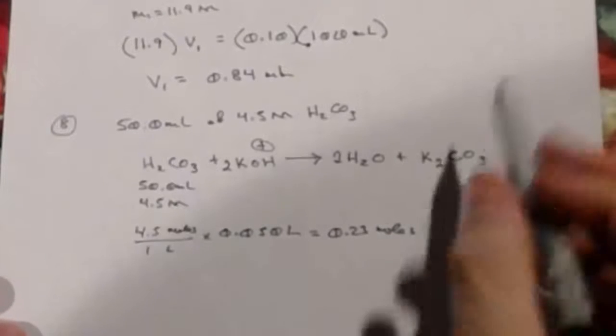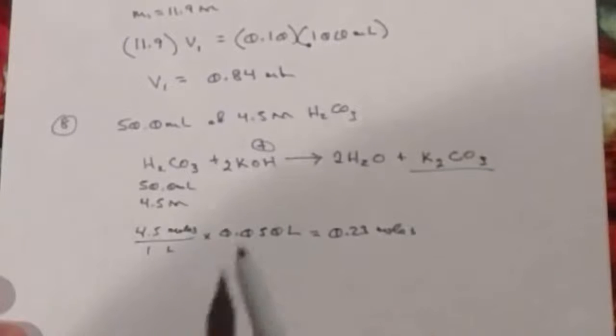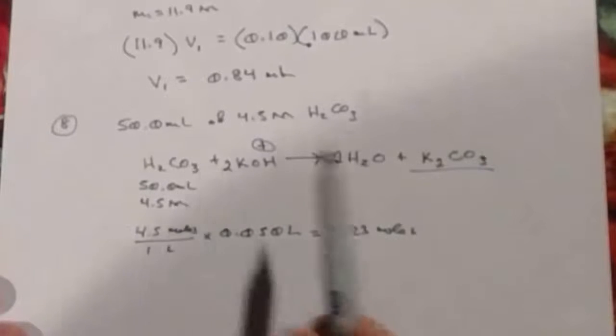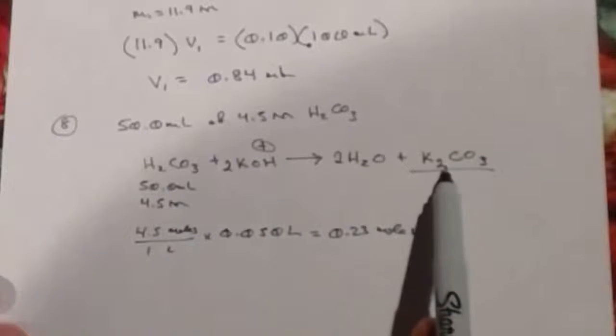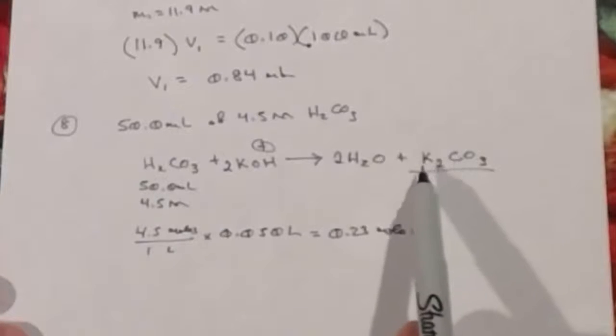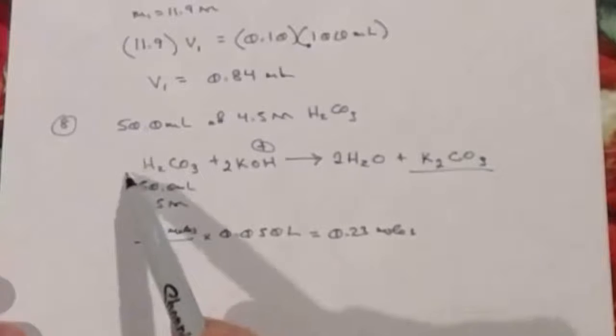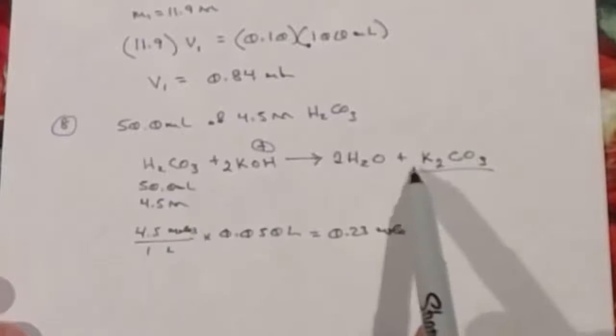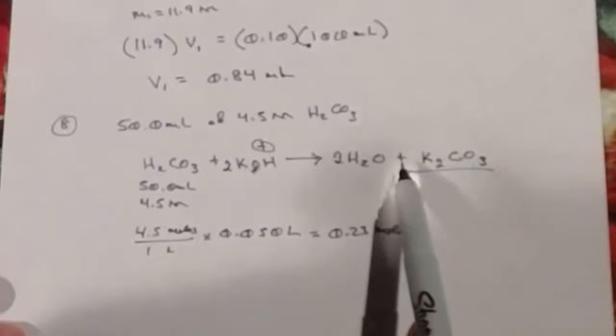Well, if we've got 0.23 moles of acid, what are we looking for again? Potassium carbonate. There's our potassium carbonate. If we have 0.23 moles of the acid, how many moles of potassium carbonate are produced? Well, using stoichiometry, look at the coefficients. For every one that we start with, how many do we produce? We produce 1.